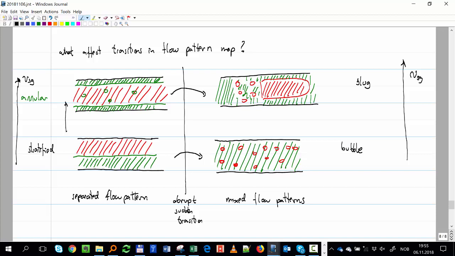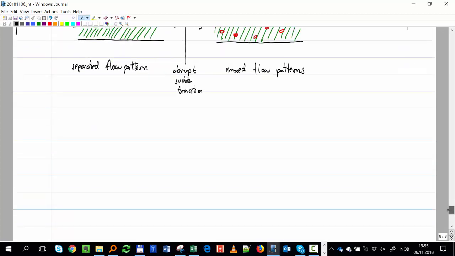Now the flow pattern transition is given by the balance of forces in the phase.